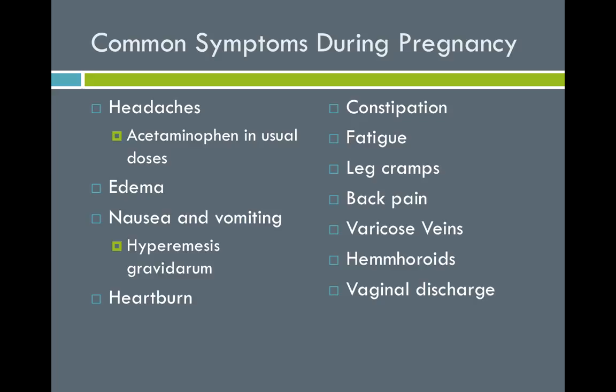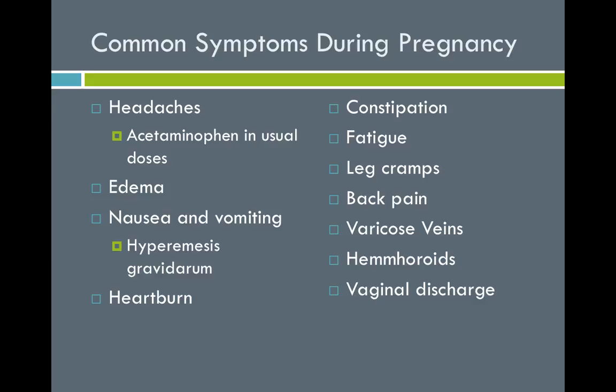So here's just another summary of all the common symptoms during pregnancy, and some things that you can do about them. Headaches, acetaminophen in usual doses is reasonable. Patients will have nausea and vomiting. That's very normal. And there are medications that are safe. Zofran is safe in pregnancy.